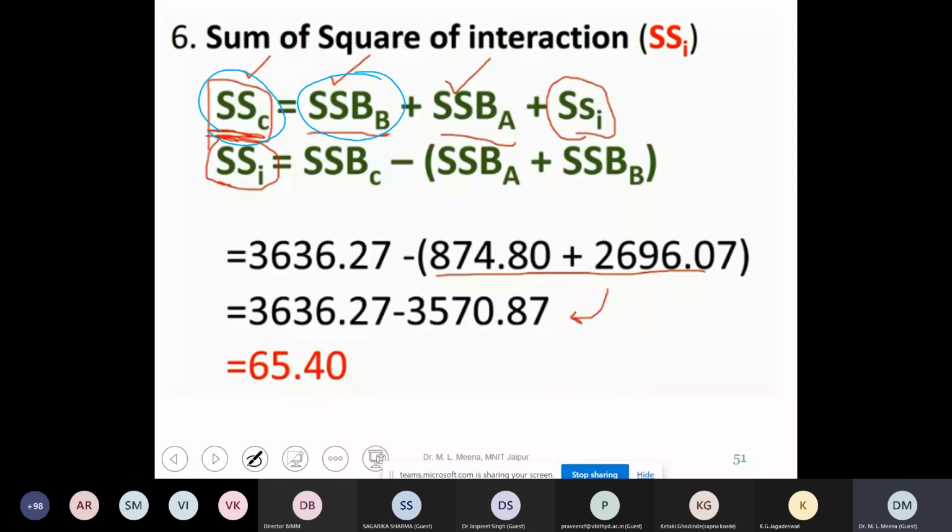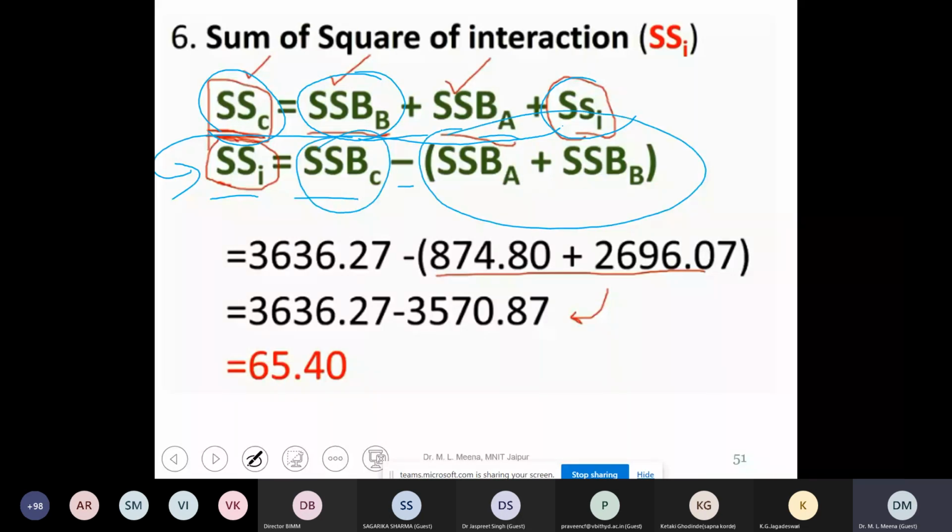So just by the mathematical formula, SSI equals this minus this, and sum of this, minus sum of this. We have already got the values for this and this and this. So SSI, the sum of square of interaction, has the value 65.40.